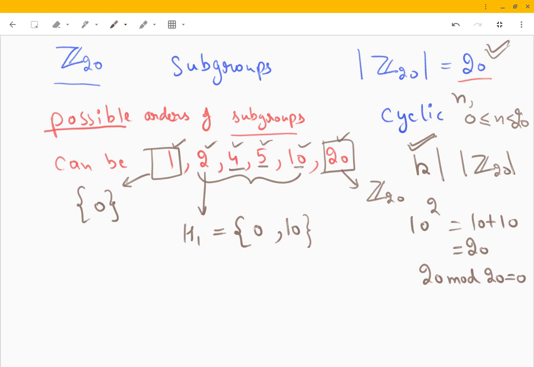Now the way I look at it is, we know that Z20 is cyclic, right? So what are the generators of Z20 then? Now begins the main story of my approach. It's just a different approach to the already given method.